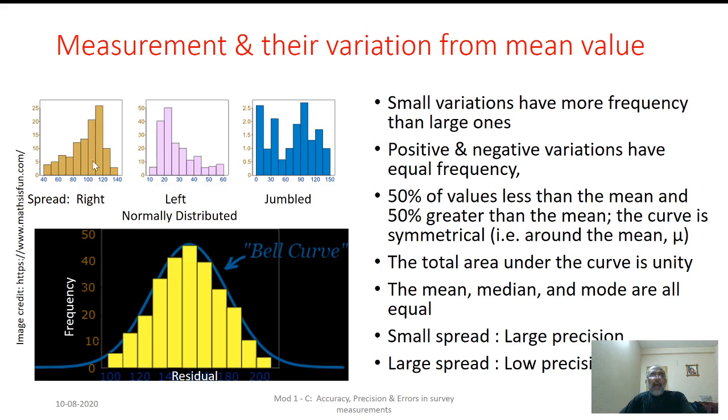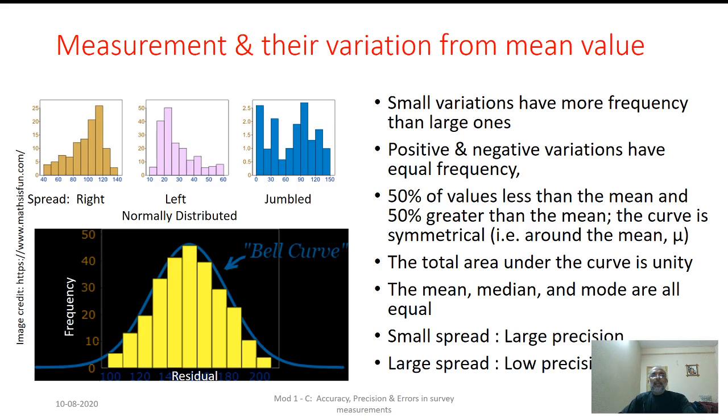Here, as you see, the measurements could be expressed in the form of a histogram. The actual measurements may be skewed towards the right, or towards the left, or otherwise the distribution could even be jumbled.